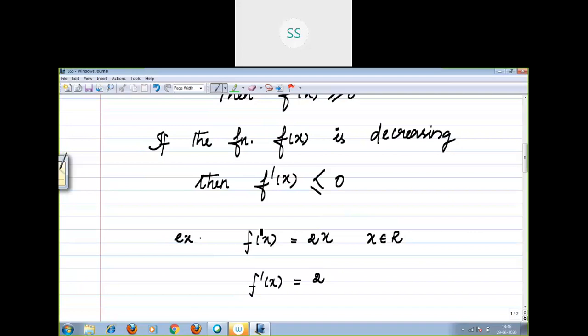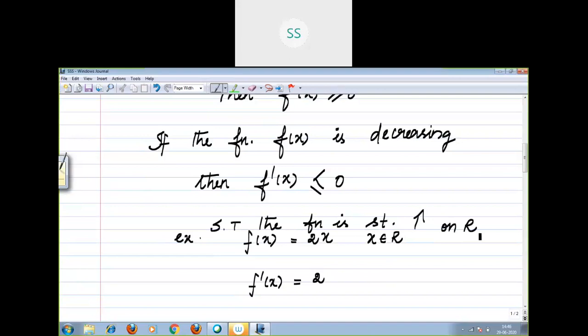You can write the question like this: check whether the function is strictly increasing, with the arrow mark upward, on R, in the sense of real numbers.